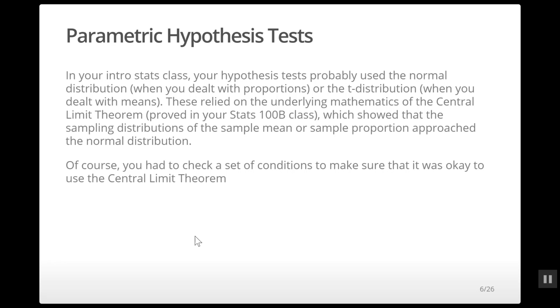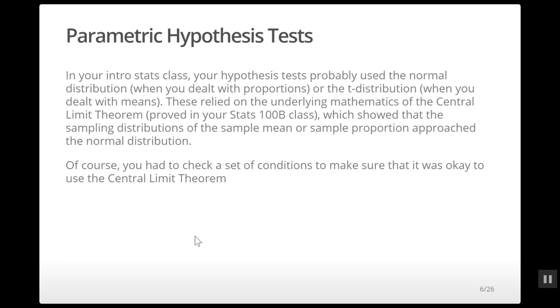And because the normal distribution and the t-distribution are defined by parameters like the mean and the standard deviation, we call these parametric tests, okay? And in order to use these tests, we often said you've got to check conditions to make sure that you can apply the central limit theorem, right? Do you guys remember what those conditions were for using the central limit theorem?